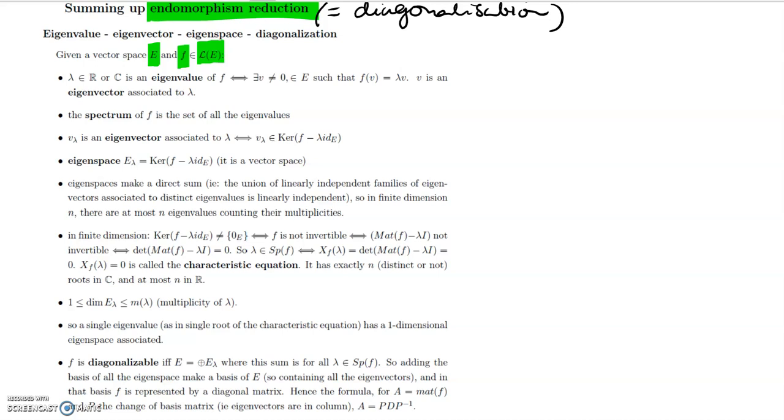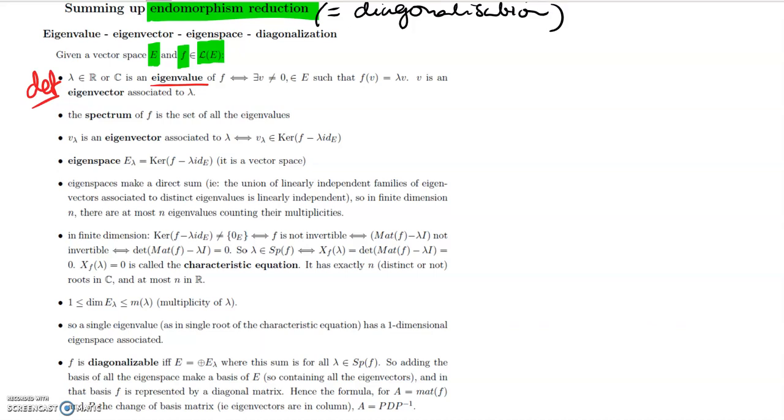All right, so this is just a bit of a summing up of the important notions that you have to see. First, the eigenvalue. That's the first thing here. It's a definition. Okay, we have the definition. F has an eigenvalue. An eigenvalue doesn't come alone.